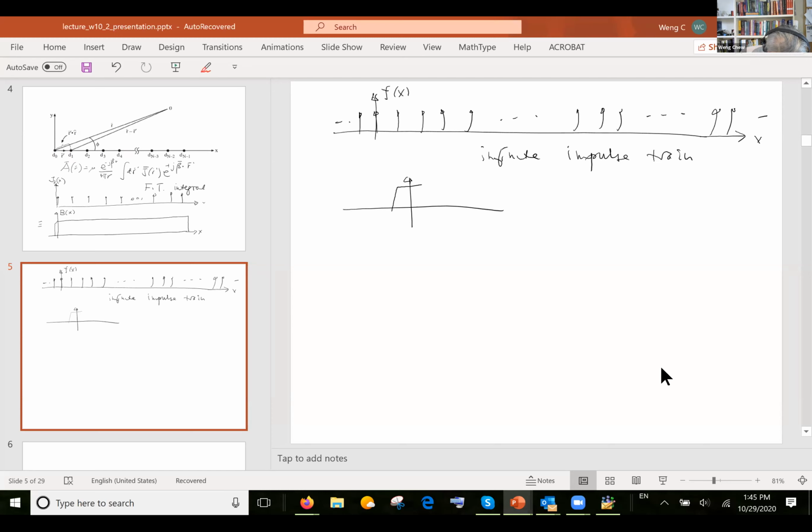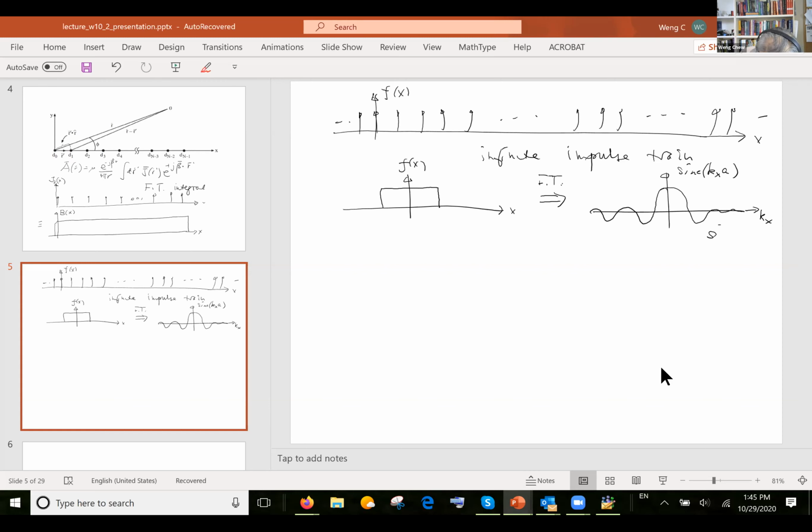If I Fourier transform this function, okay, then you get a sinc function. Think of kxa or something like this, okay? This is Fourier space. A Fourier transform of a box function is a sinc function. A sinc function is just sine x over x.